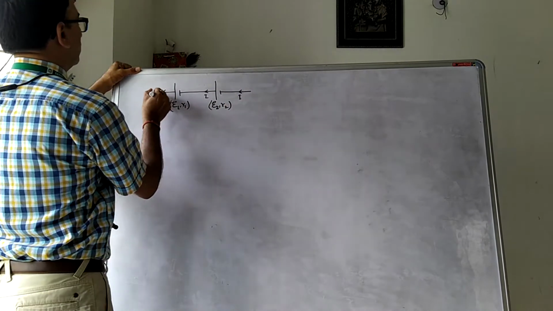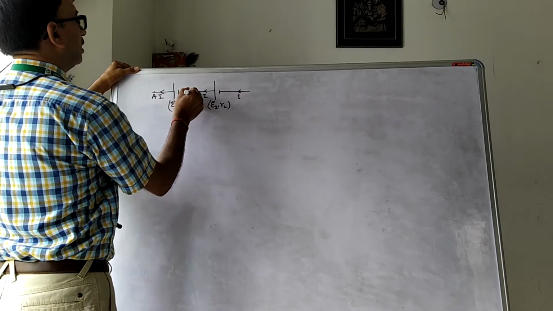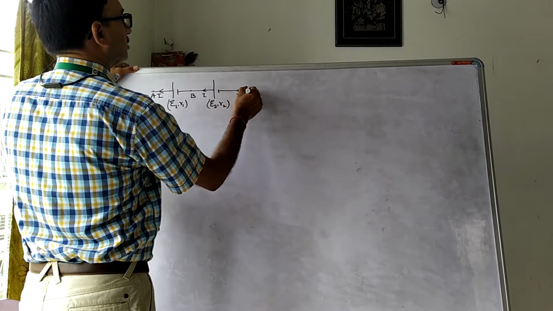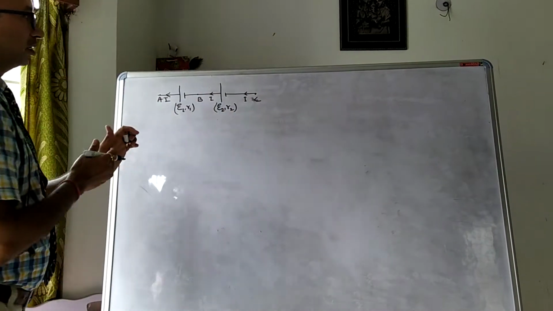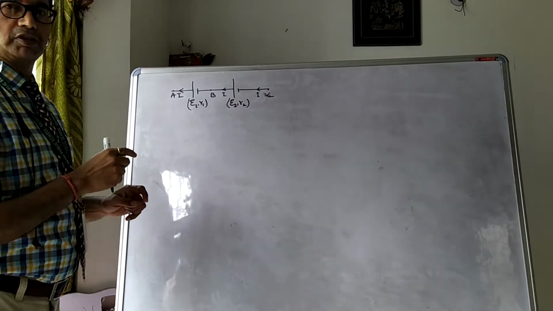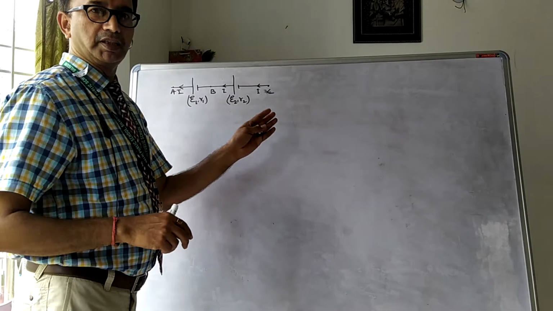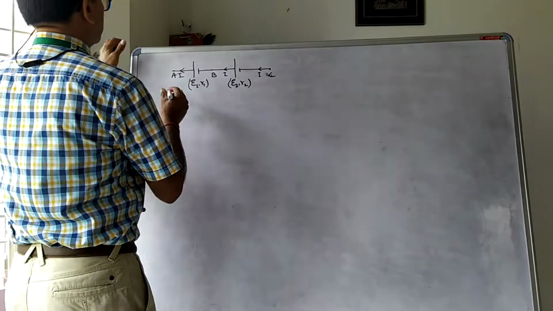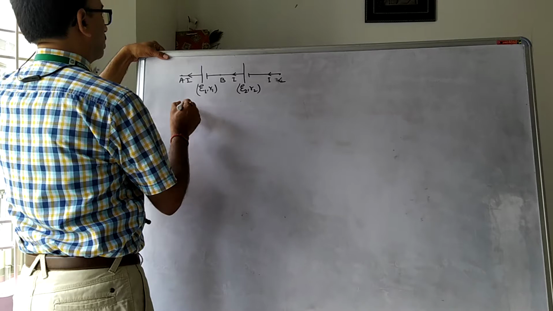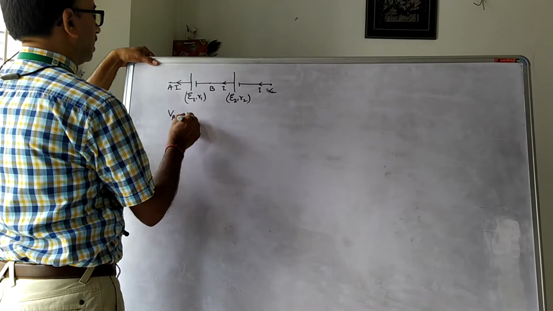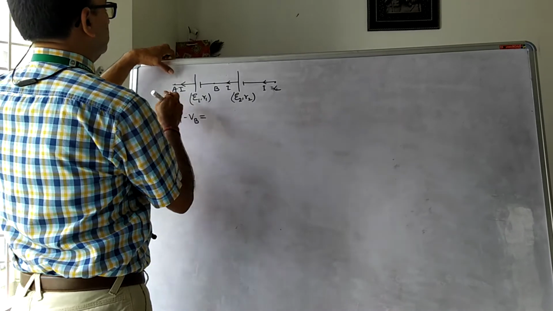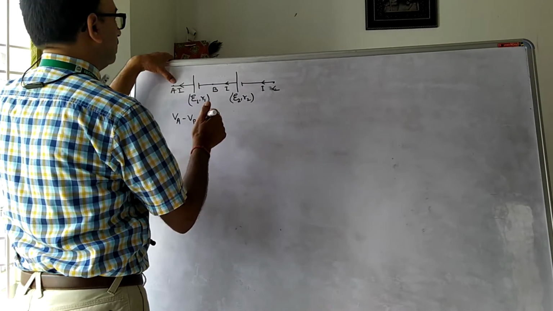Now, check, this is A and this is C. We know that V equals E minus IR. So what will be VA minus VB, that is the potential difference between A and B?